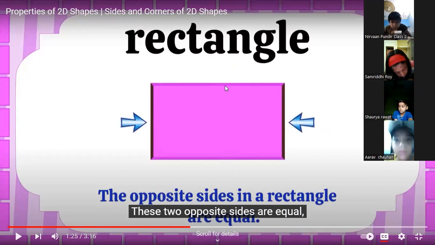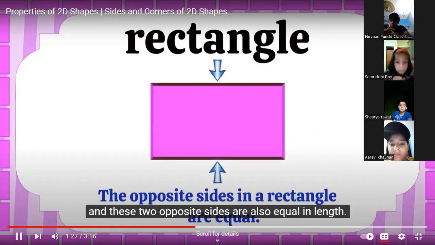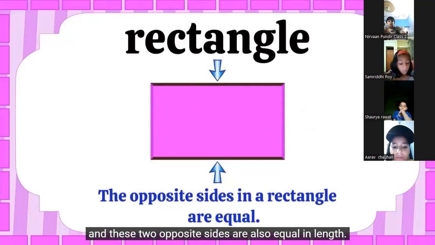These both are equal and those two are equal. So we can say that a rectangle has 2 pairs of opposite sides that are equal. All right? The opposite sides of a rectangle are equal in length.